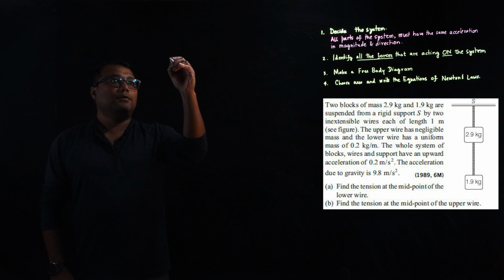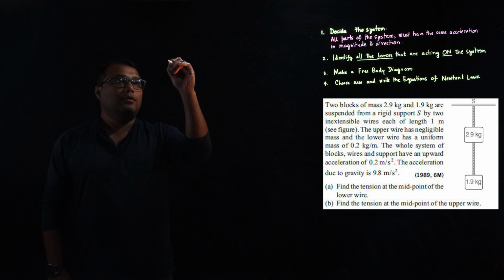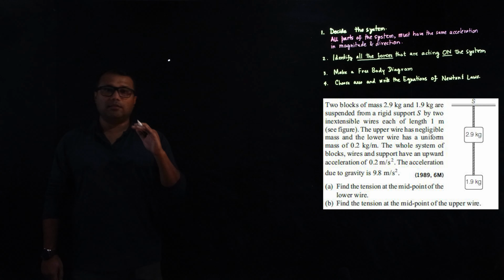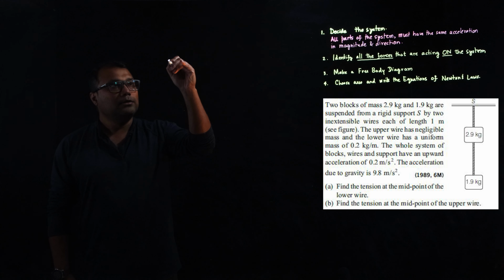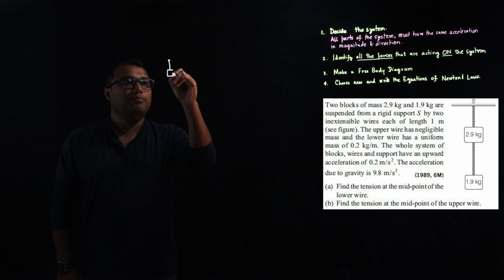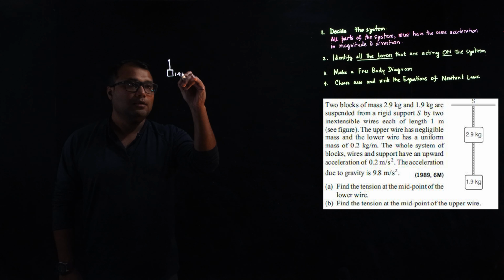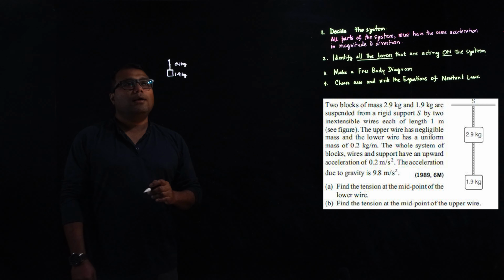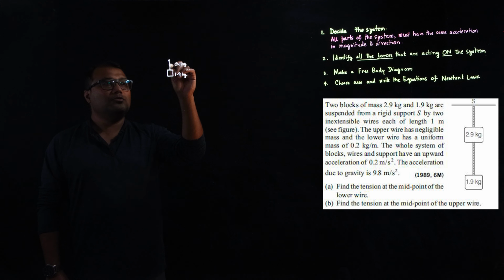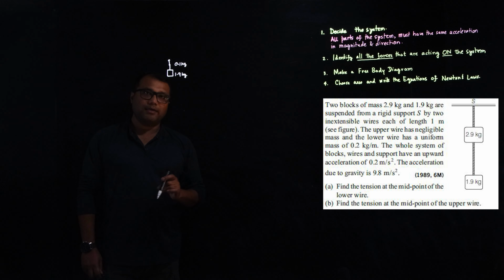Alright, let's draw the free body diagram. Actually, let's cut the lower wire at the center. So you have half of the wire and then the 1.9 kg block. Half of the wire, at 0.2 kg per meter, for half a meter will be 0.1 kg. Because it's a uniform wire, we can assume the center of mass is somewhere here, but it doesn't really matter.